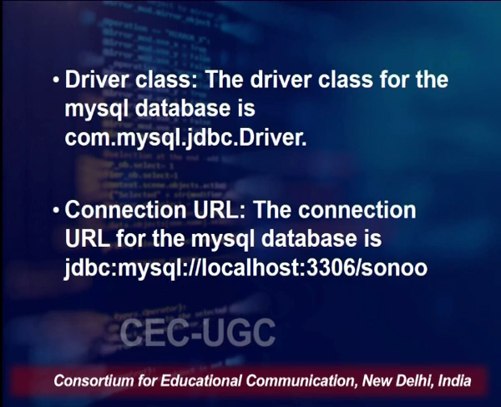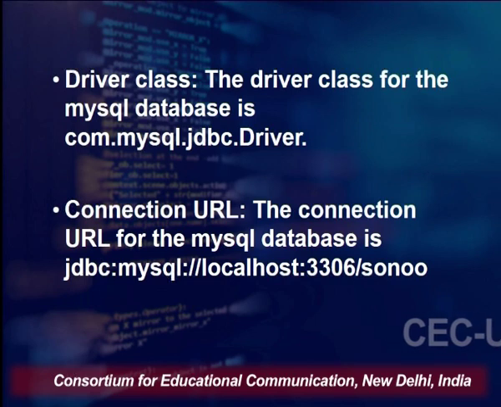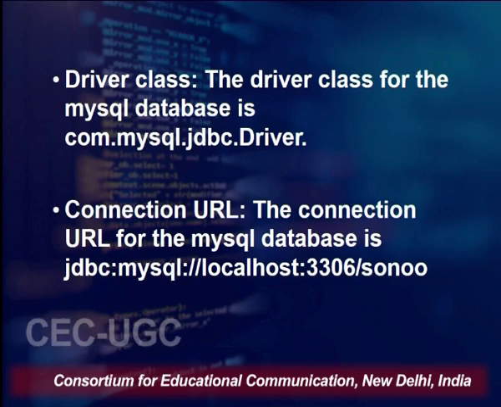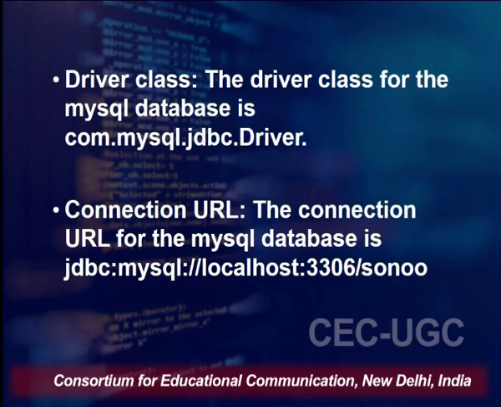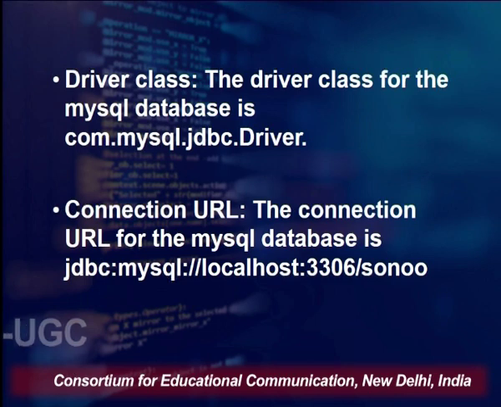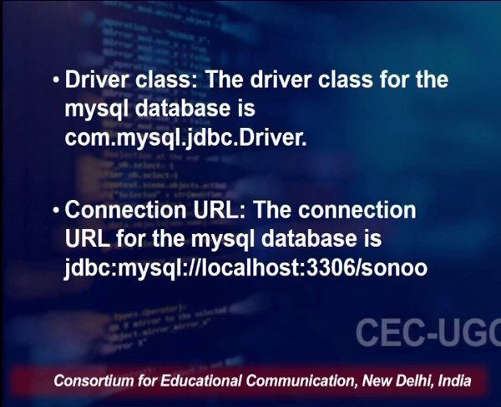This is com.mysql.jdbc.Driver. Please notice how it is written. Now what is the connection URL? The connection URL is where that MySQL database is, and through which particular URL we are going to fetch that database, so that we can connect it with the Java application.